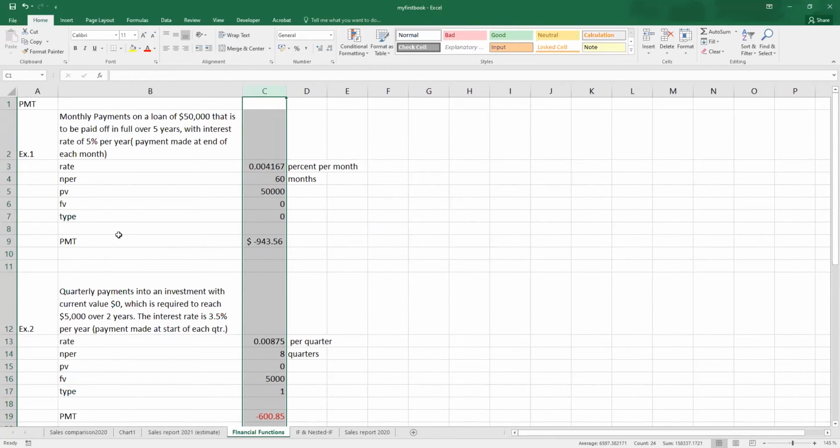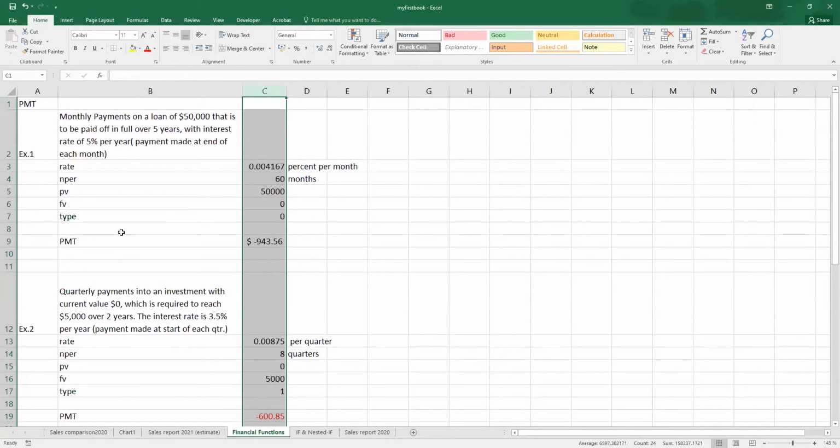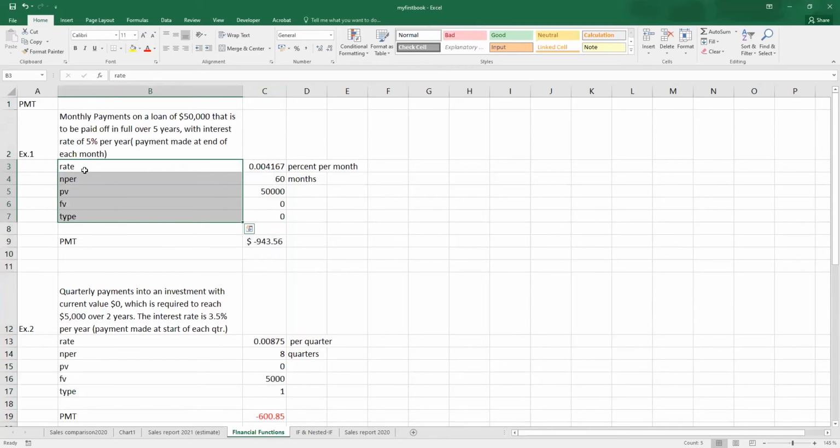Okay, so that was what we learned from last class. The functions that we learned were the PMT function, the payment function that returns the amount of money that you have to pay for each period of time. PMT needs these arguments: rate, nper, PV, FV, and type.